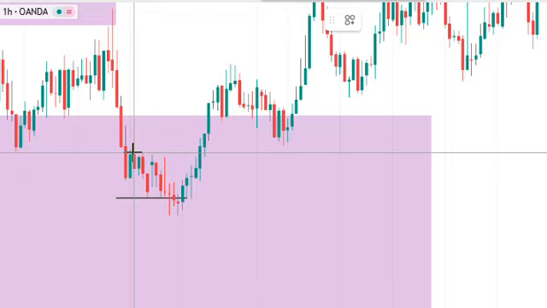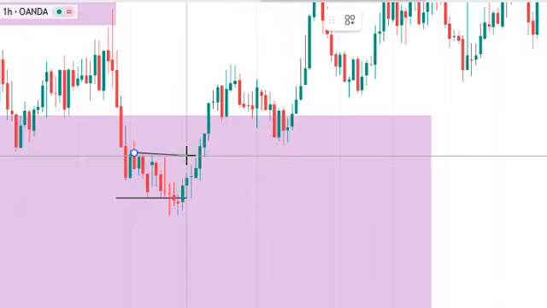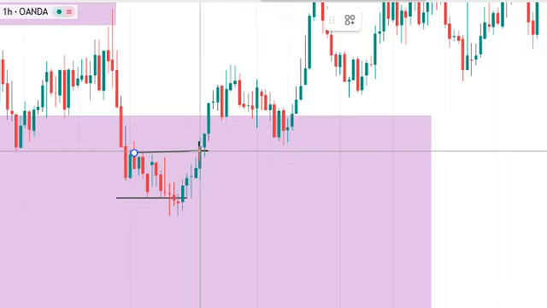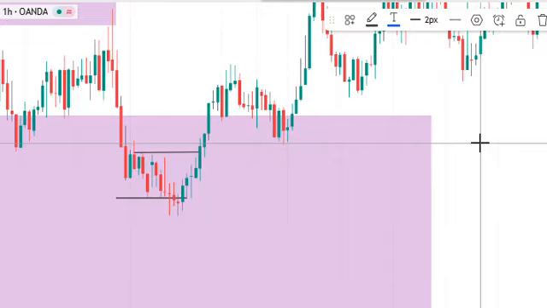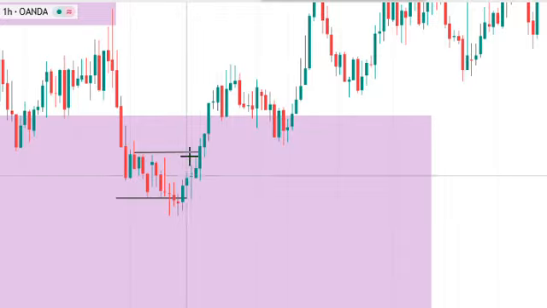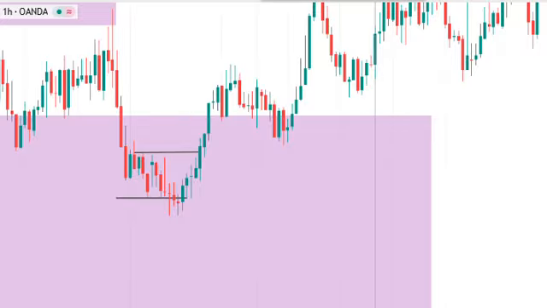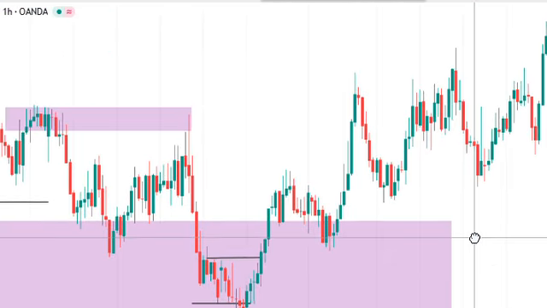I waited for this structure break. I am a little bit aggressive on this trade and I entered somewhere around here. Yes, I entered. This is where I plan to get into a long position.